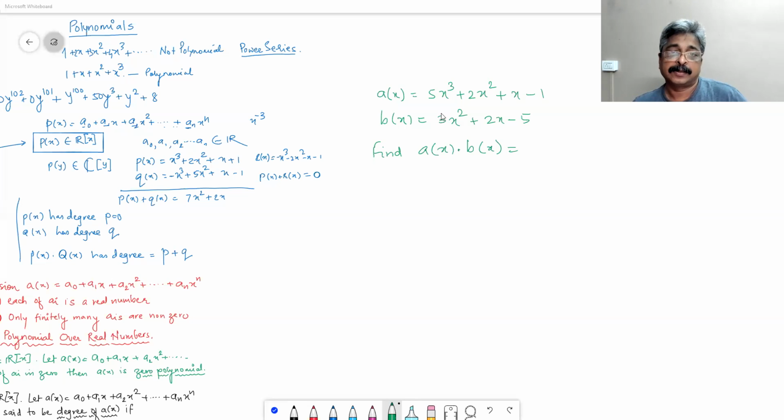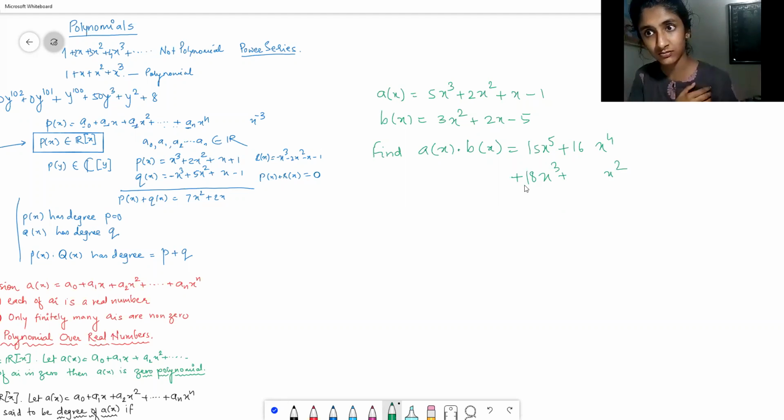It will look like 15 x raised to 5. Then x raised to 4. Coefficient of x raised to 4, 10 plus 6, 16. Plus coefficient of x raised to 3, minus 25 plus 3 minus 22 plus 4, 18, plus x.